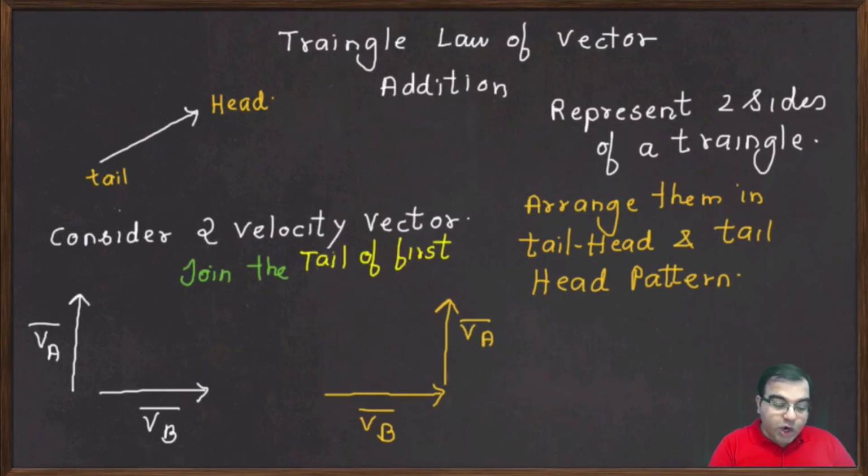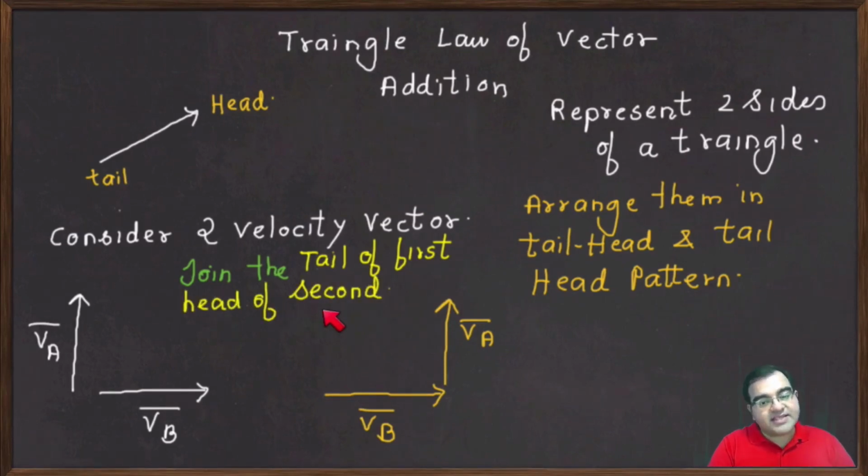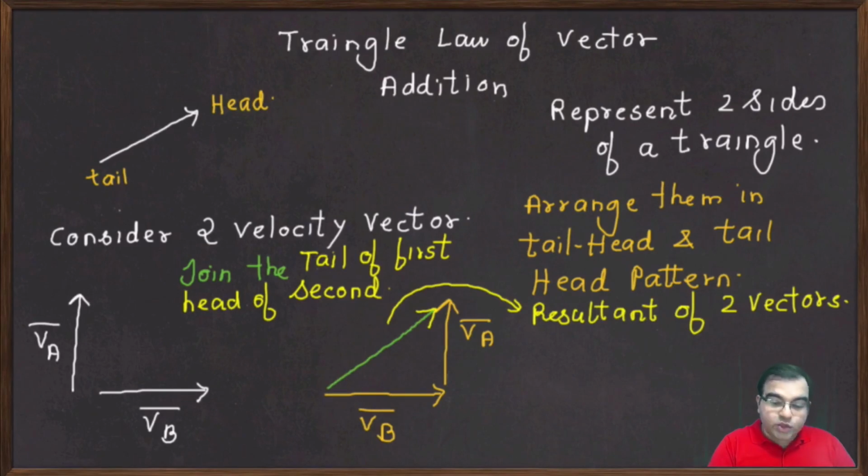Now you will join the tail of the first, this point is nothing but the tail of the first, with the head of the second. This point is nothing but the head of the second. When you join this, you get a resultant of two vectors.